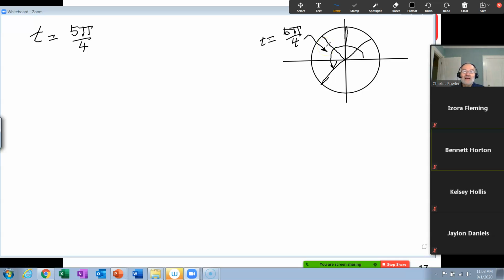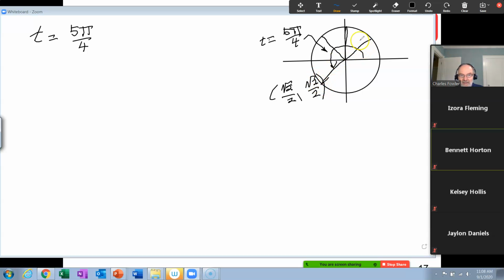Now, we've got to remember what our coordinates are. For the 1/4 pi's, remember they're all √2 over 2, except you got to get the signs right.